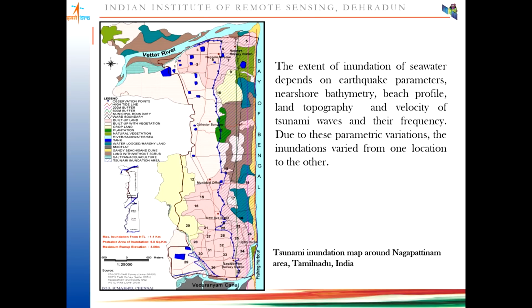Or if there is a huge sandy dune, it will also restrict the movement. If there is a very flat mud flat, water will go much deeper inside. So there are a lot of parameters, geomorphological parameters, land use, land cover, nearshore bathymetry, and also the coastal DEM. They have a major role to play in this.